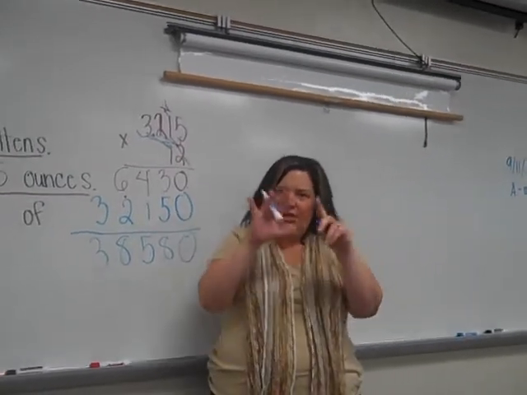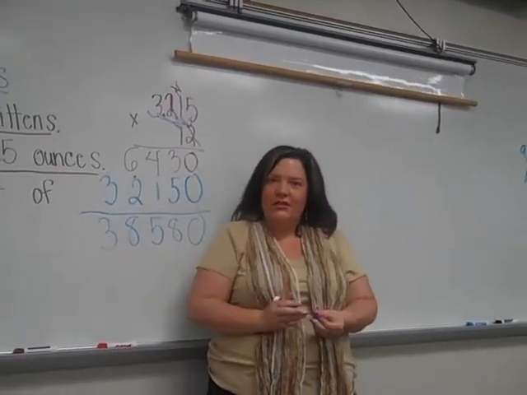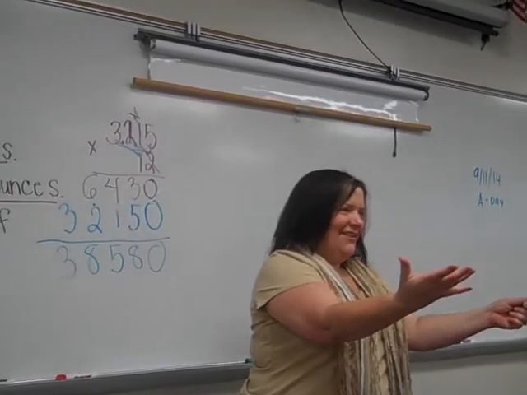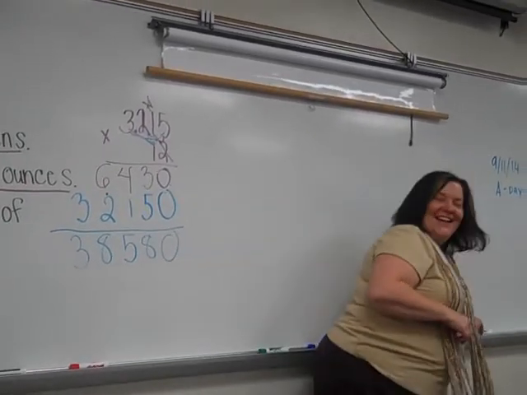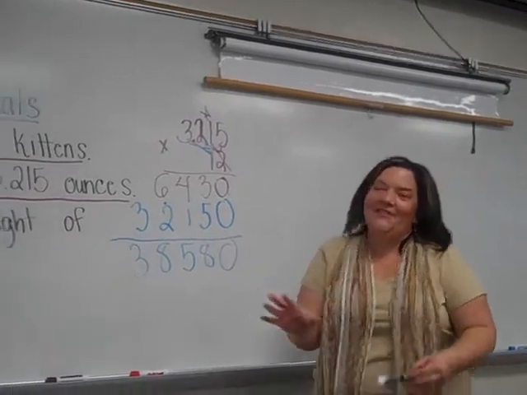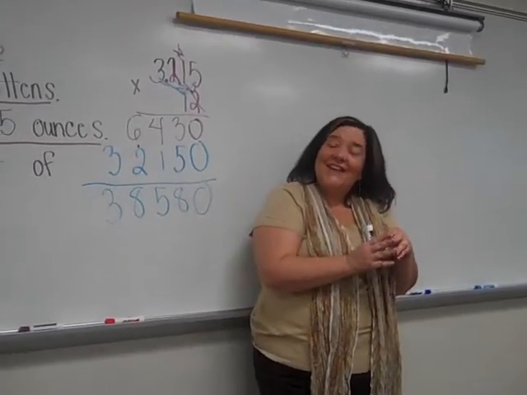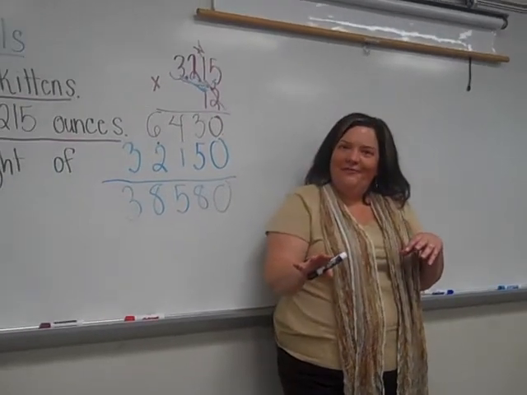Now, this is the dangerous step. Dun dun dun dun! What we do at this point is we count the place values to the right of the decimal.